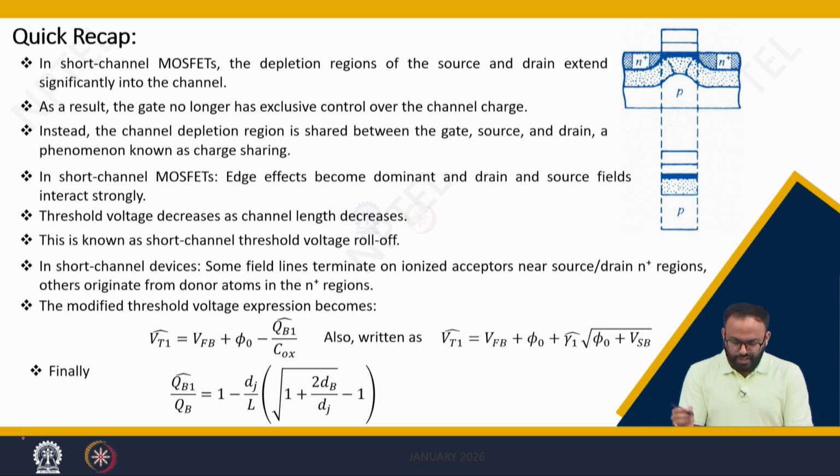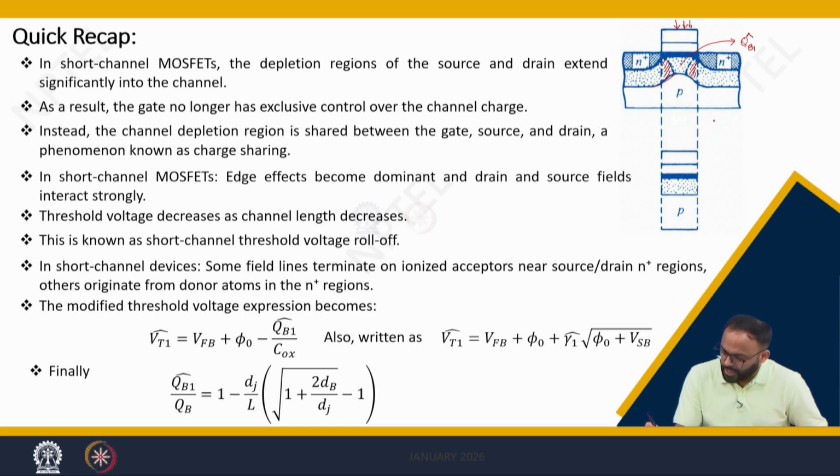In the previous lecture, we discussed the charge sharing effect. We said that when the channel length is small enough, the source and drain share the charge. It means it reduces the effort applied by the gate to deplete the channel. We have extensively discussed what portion is shared by the gate only, and we decided that QB1 cap is the total charge controlled by the gate, and the rest of the charge is shared by drain and source.